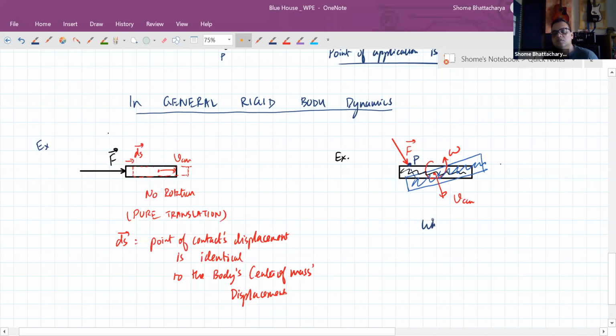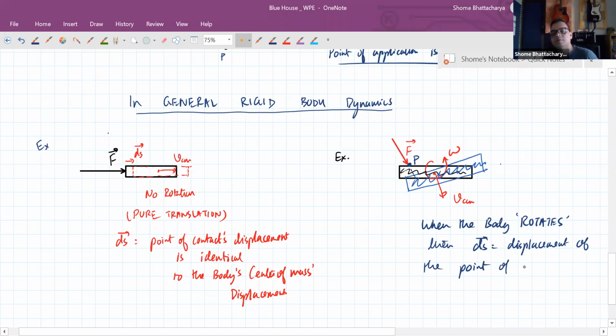So here, when the body rotates, then ds, being the displacement of the point of contact or point of application of the force, is not the same as the center of mass's displacement.